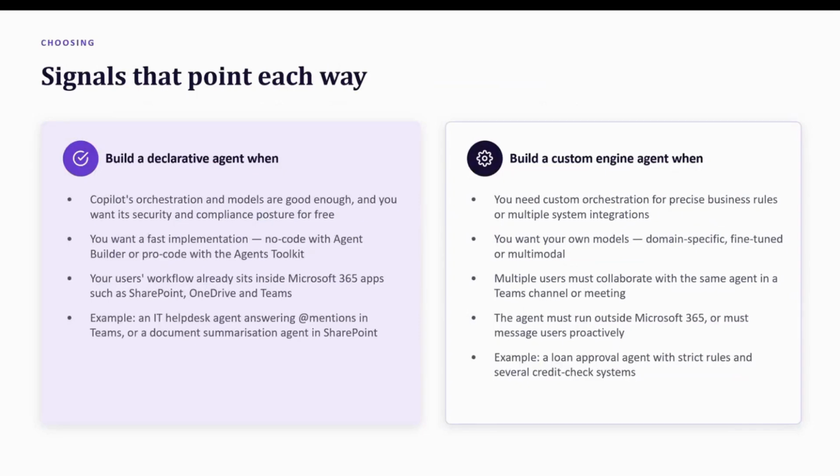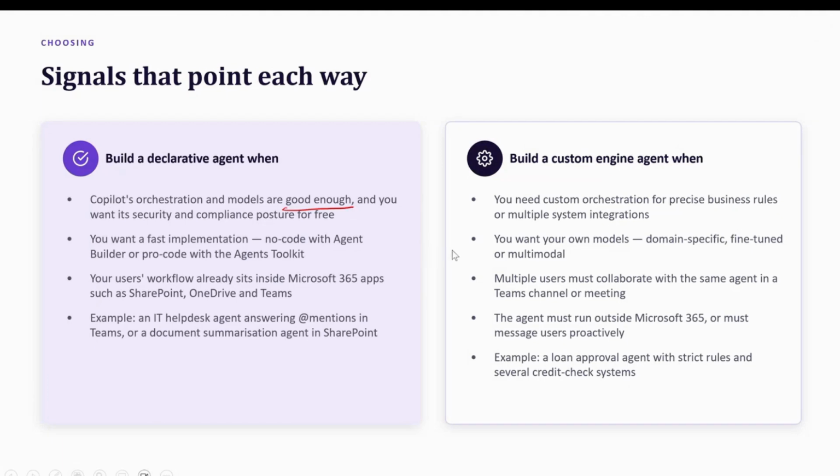Declarative agents are best suited when Copilot orchestration and models are good enough. If you don't need a separate orchestrator and separate model, if the Copilot's model and orchestrator is enough, then you can go for declarative agents. What is the benefit? It uses the security and compliance of your Copilot itself.